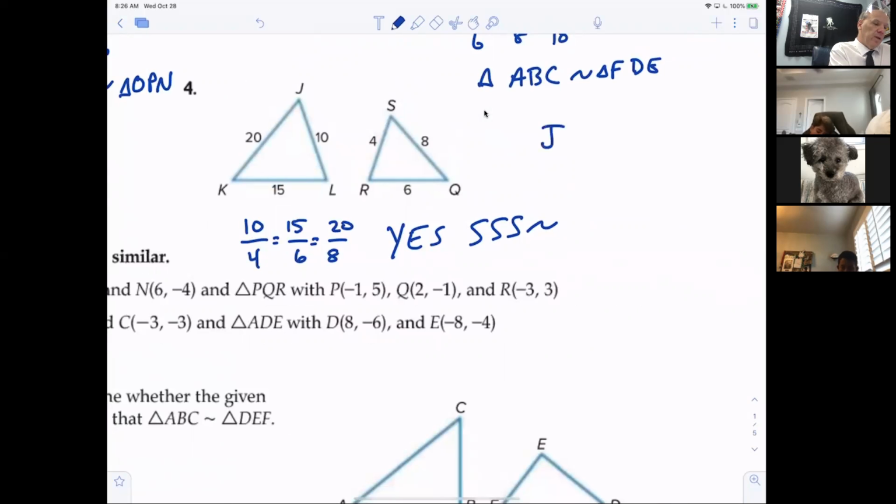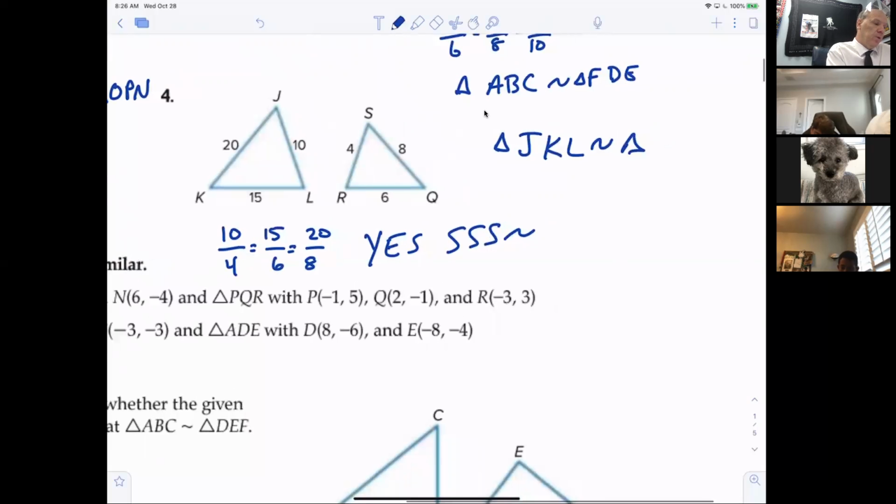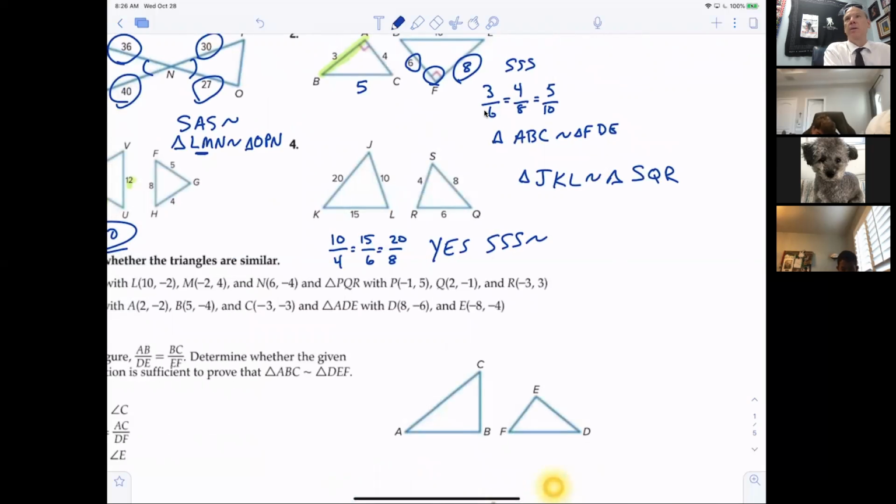Again, I like to write alphabetical order. So triangle JKL is similar to triangle, so it goes from the long side to the short side. So SQR. I hope everybody's trying that. Everybody see it?